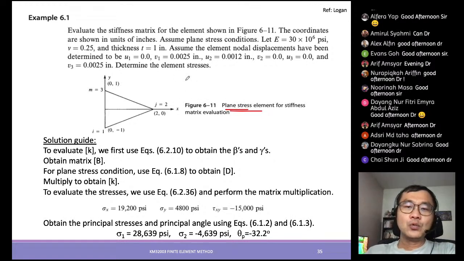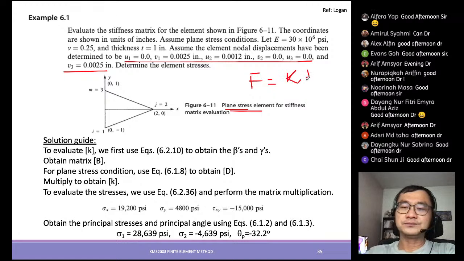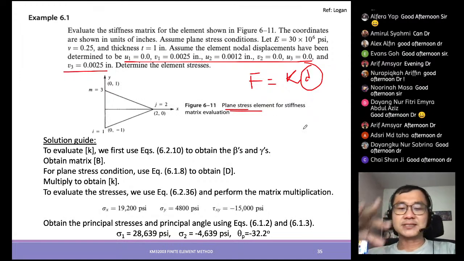Therefore, what we can do is if all the displacement is given, meaning to say we do not have to solve for the force, because we do not need to get this one because this is given, right? So this example is only for you to use the displacement and to relate it to get the stress, right?